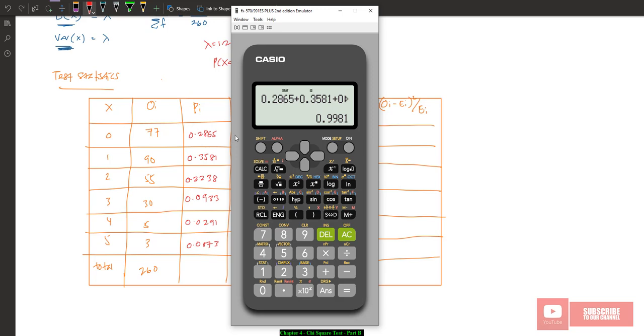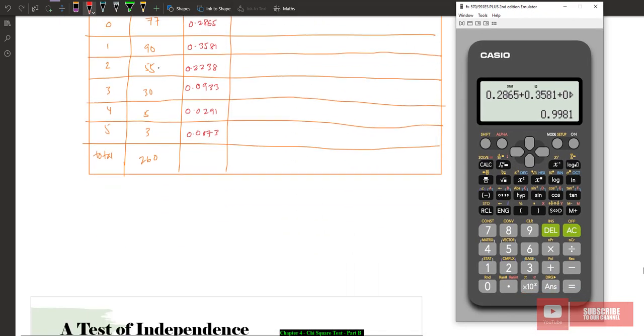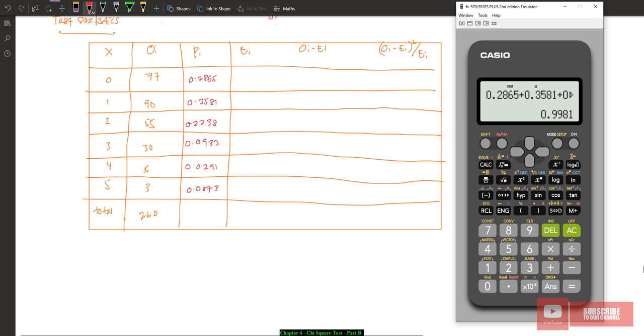That's why we need to add another row, which is 6 or more.